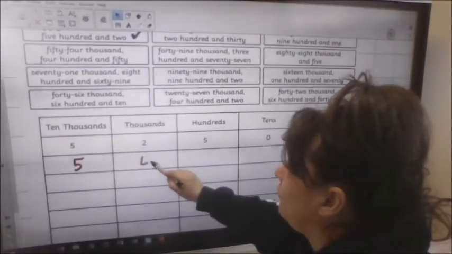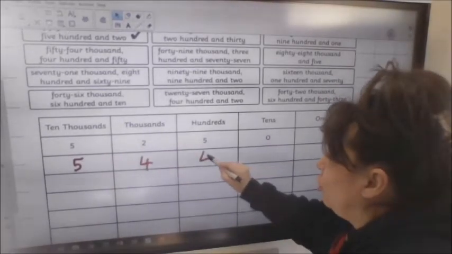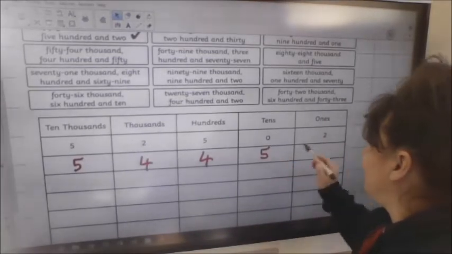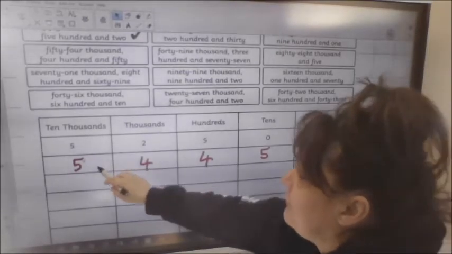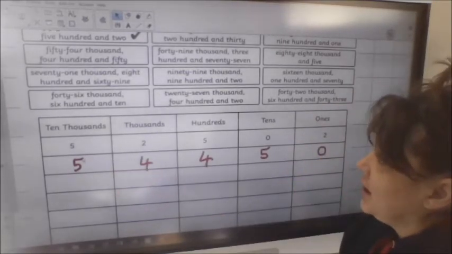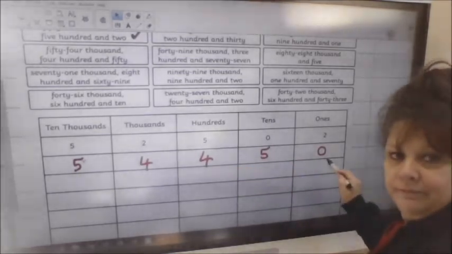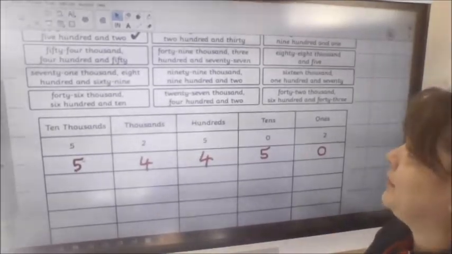So I know I've got 4,000. So together, 54,000. Then I've got 4 hundreds. And then I've got 5 tens, and I've got no ones. So that makes the 50. So 54,450.